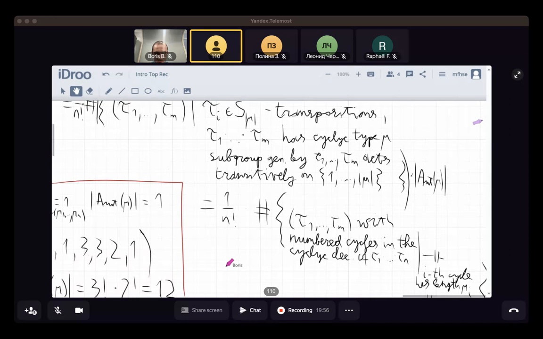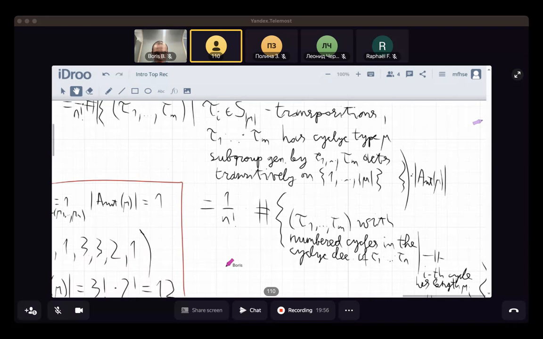So if all the mu_i's are different between themselves, then in general the cyclic type corresponds to this mu, and there is one single way to order the cycles such that the length of the i-th cycle is the same as mu_i, okay?